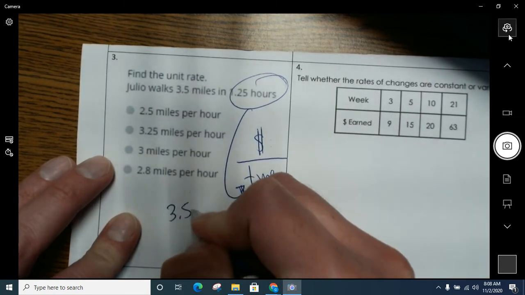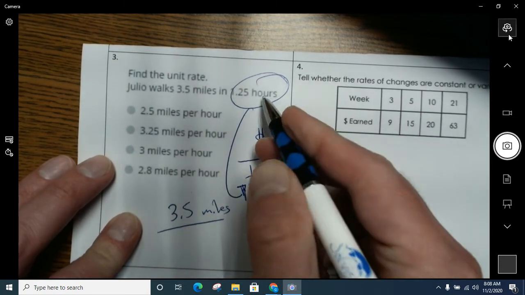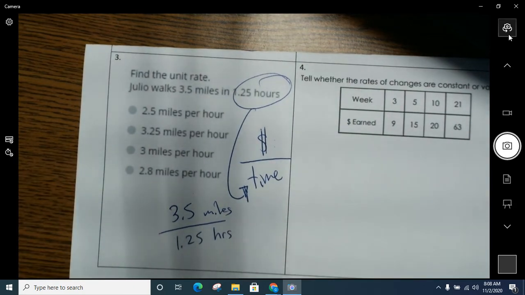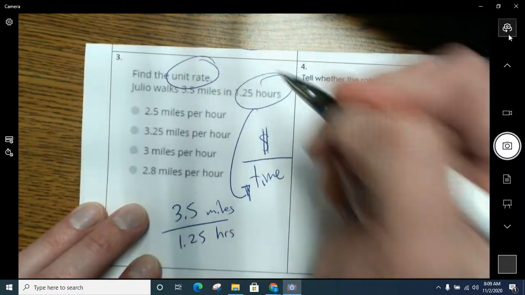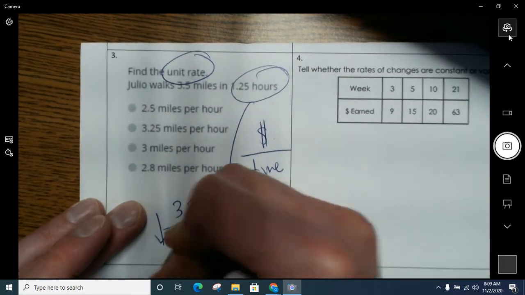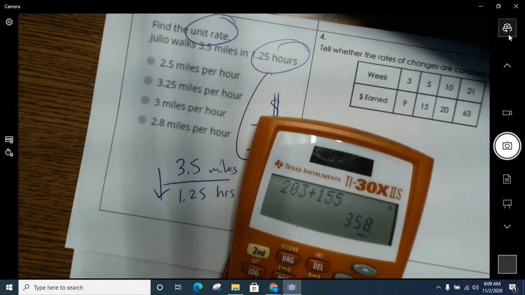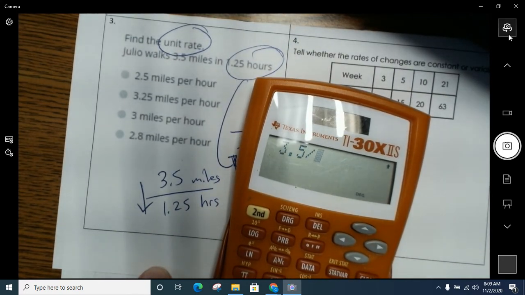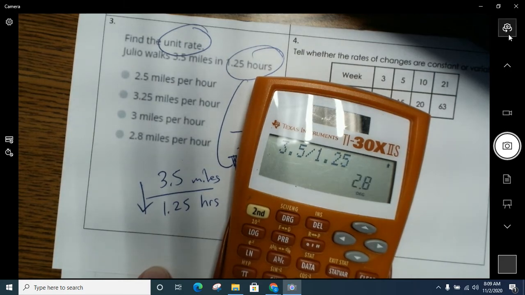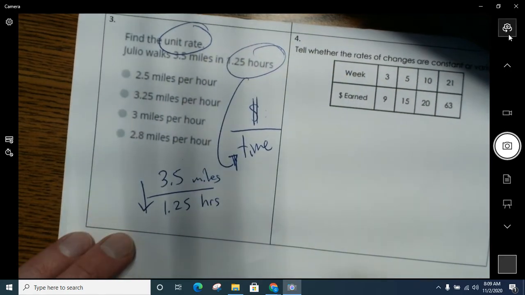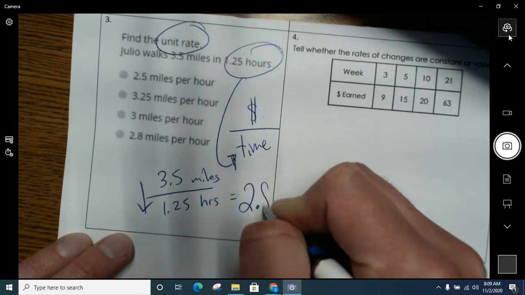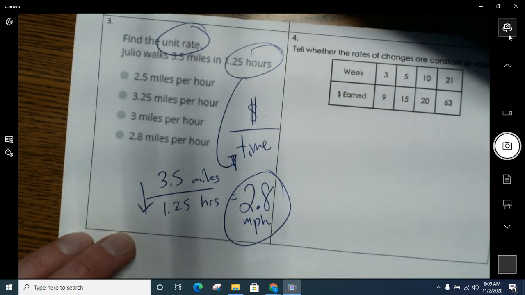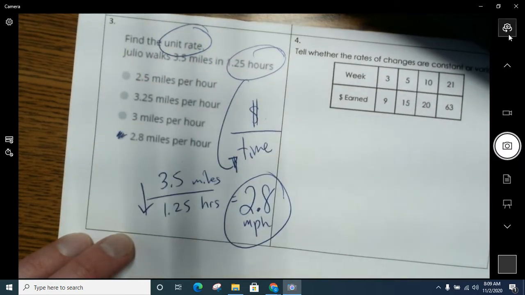So I got 3.5 miles for every 1.25 hours. And now to figure out my unit rate, that's what they want us to do, I just take my calculator and divide down. So 3.5 divided by 1.25, and I got 2.8 miles per hour. Wow, that guy is going real fast. There we go. There's our answer.